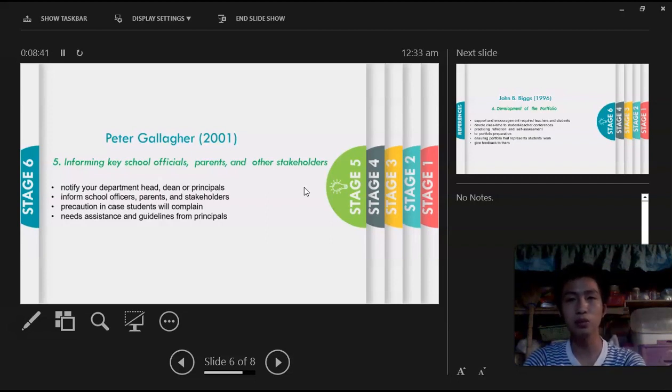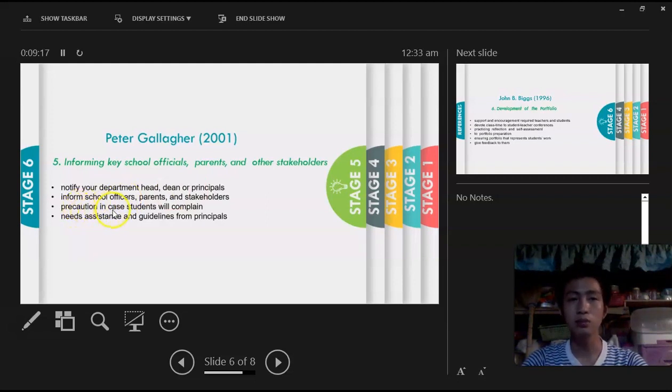Do not attempt to use the portfolio assessment method without notifying them. Inform your school officers, parents, and stakeholders, because this can lead to good decision making.